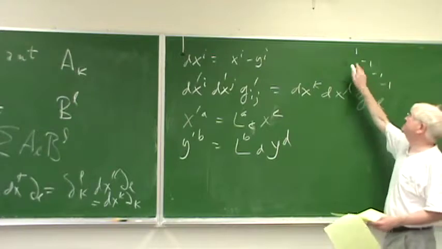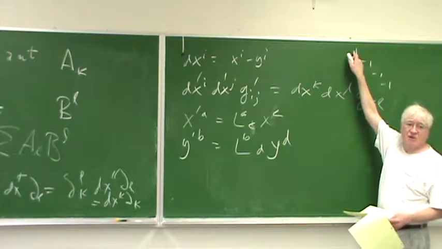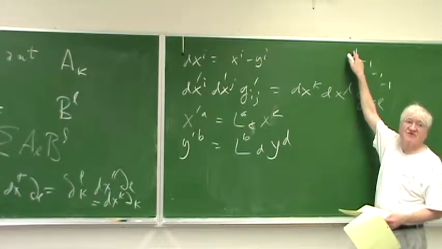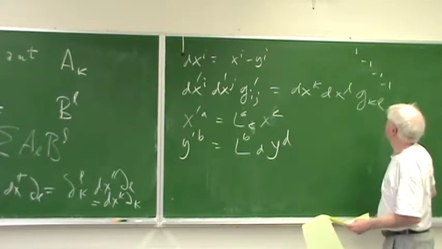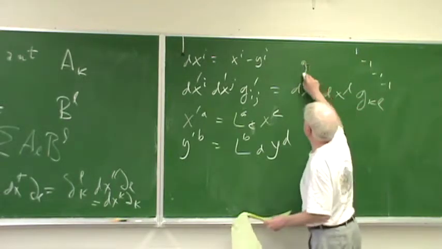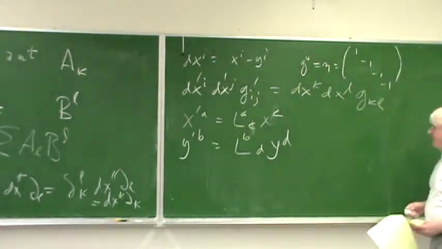And so then the choice is, is this going to be minus 1 also, or is it going to be plus 1? Well, minus 1 would be kind of crazy because it wouldn't even have Galilean relativity. And so that's what this thing is. G0, or eta, then is that diagonal matrix.